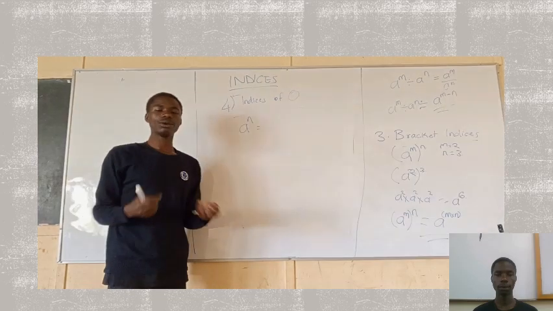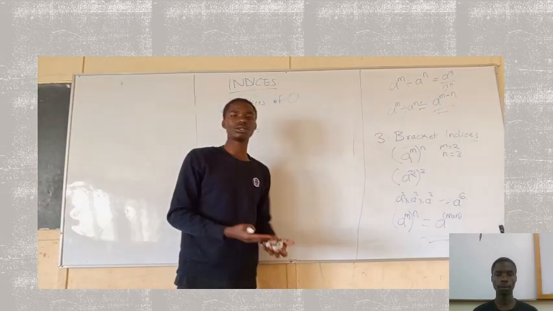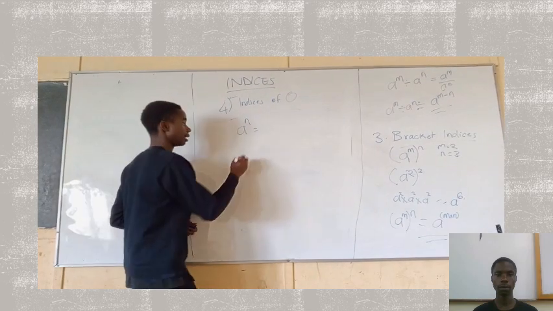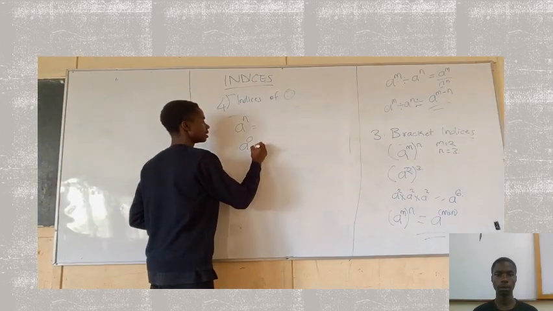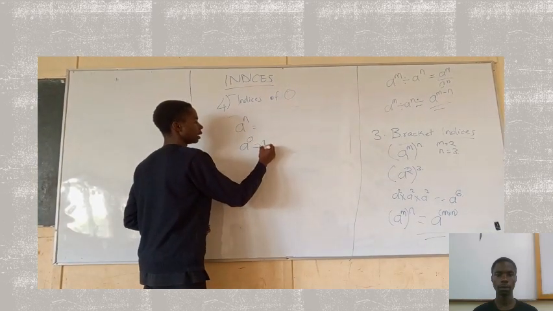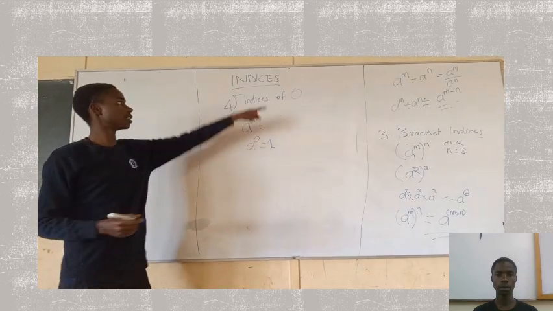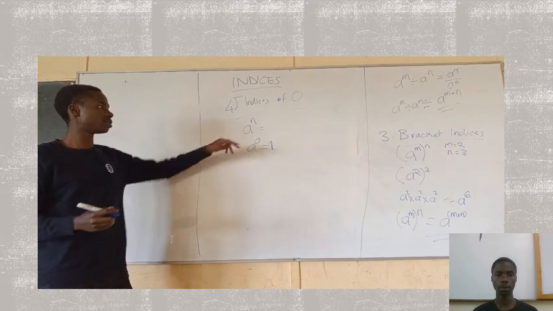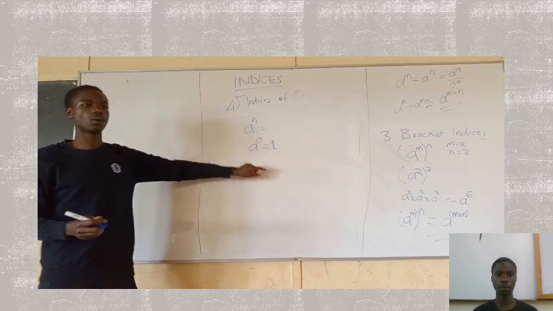Anything you add to 0 usually remains the same. This shows that a^0 is the same as 1. This is the law of indices of 0. Any number raised to power 0 is 1.